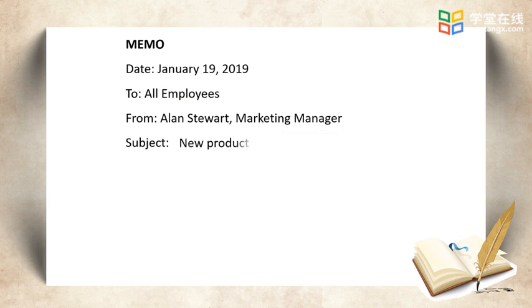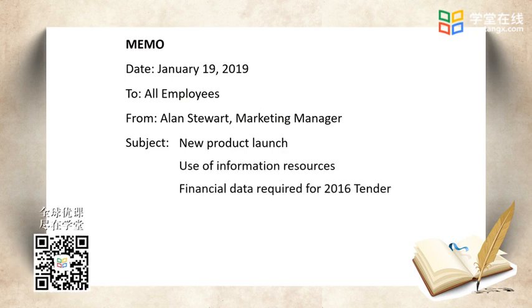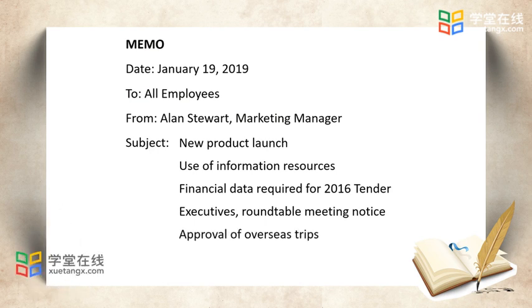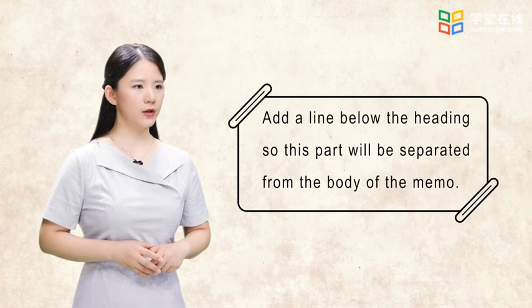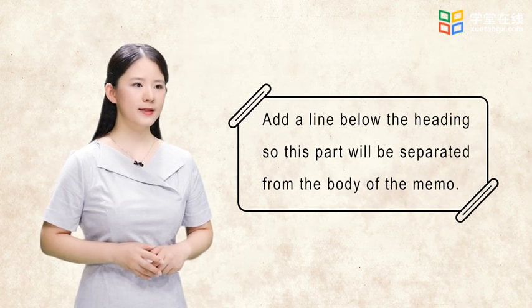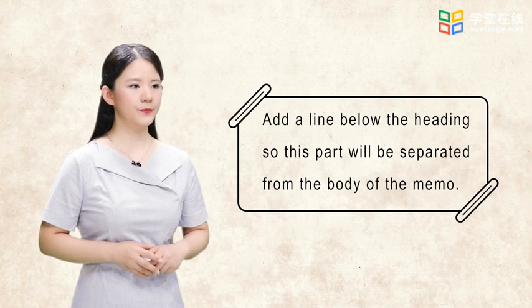For example, new product launch, use of information resources, financial data required for 2016 tender, executives roundtable meeting notice, approval of overseas trips, request for funds, AWP conference. Add a line below the heading, so this part will be separated from the body of the memo.